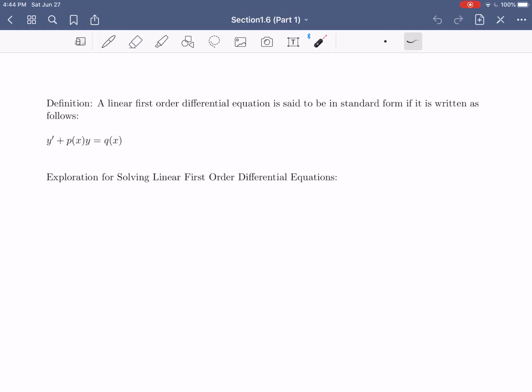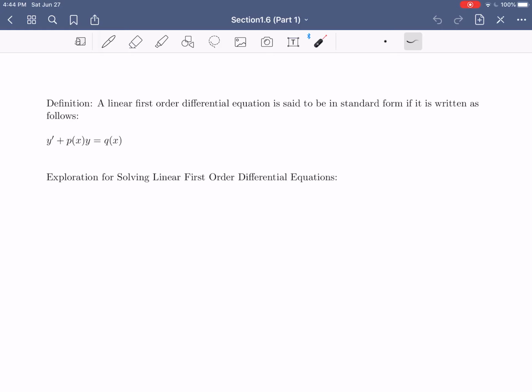We'll notice, though, that in this standard form, this right-hand side would be very easy to integrate with respect to x because it's just a function of x. So it would be nice if we could think about the left-hand side as also a derivative with respect to x. The technique that we're going to explore here is what's called an integrating factor technique.